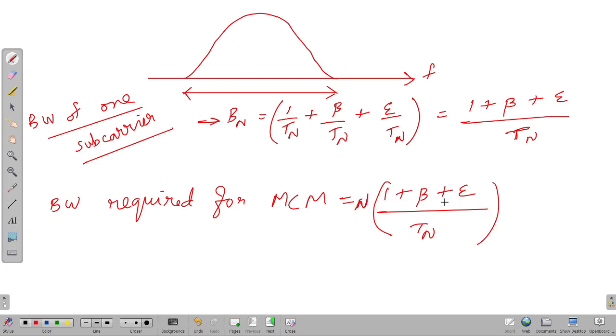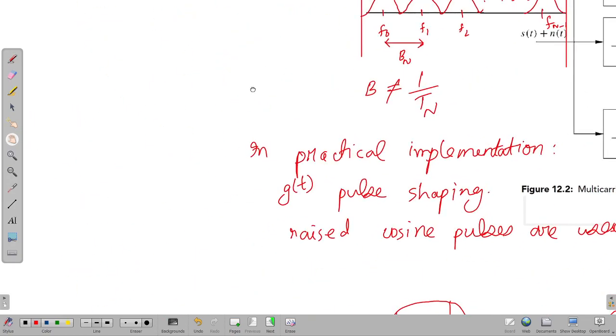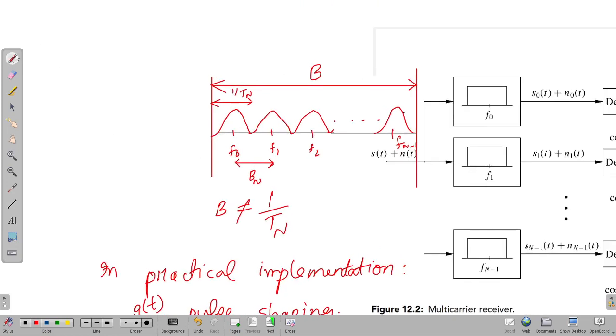So n into 1 plus beta plus epsilon divided by Tn. That is the bandwidth of the whole multicarrier transmission.